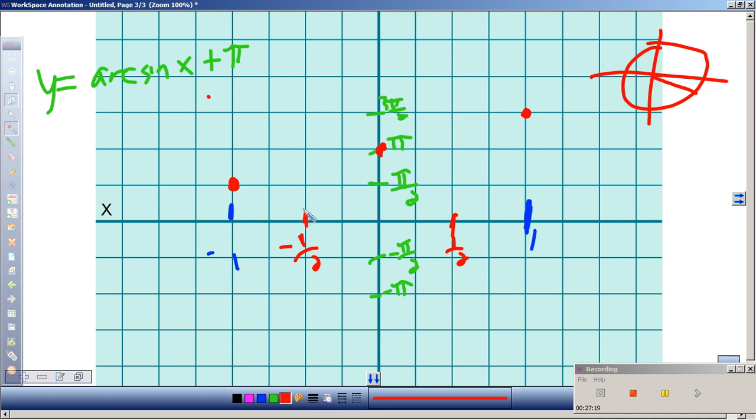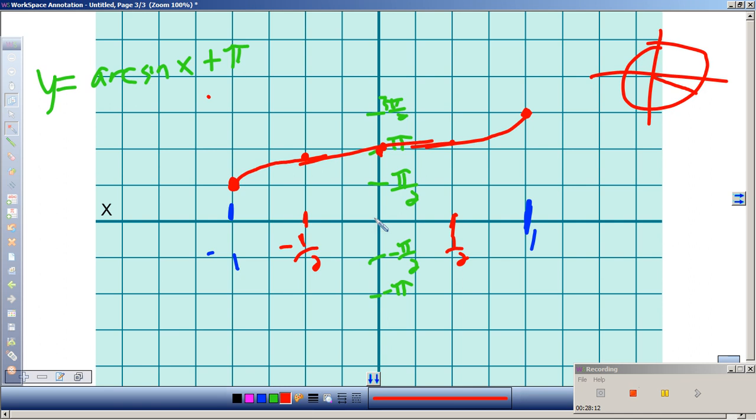So at negative 1/2 we're at 5 pi over 6, where would this be? Probably in this neighborhood, and we know we're going to have the mirrored one over here. I compressed this a little bit more than I wanted to, but oh well. If we wanted, we could plug in some more points.